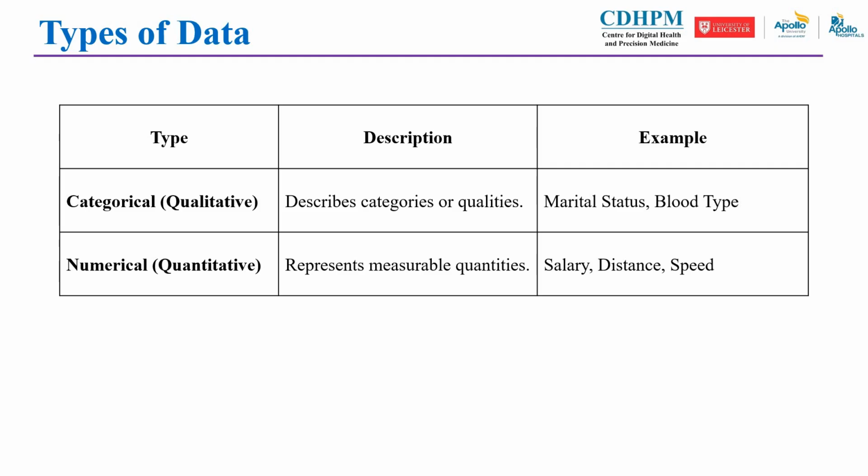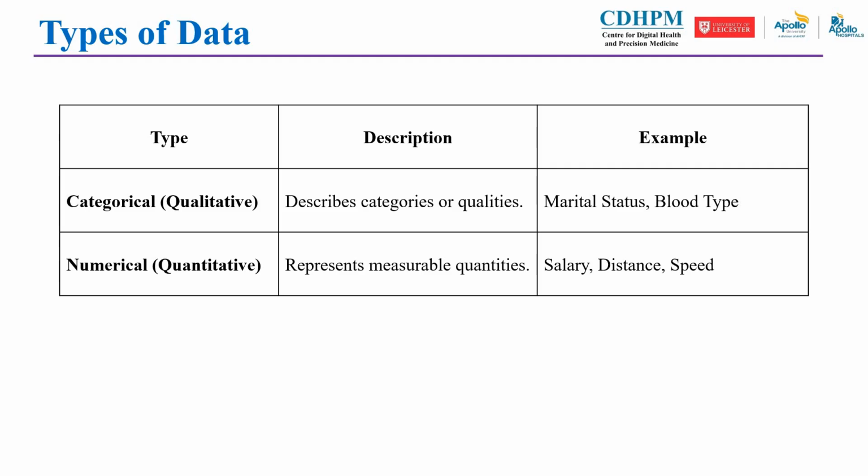Or let's say you are trying to understand the effect of a drug on below 10 years age, above 10 years, below 20 years, 20 to 30 years, 30 to 40 years. Although these are numbers, 1 to 10 age is not numerical data, that is a category. 1 to 10 is a group. Although the value is a number, it is not numerical data, it's categorical data.